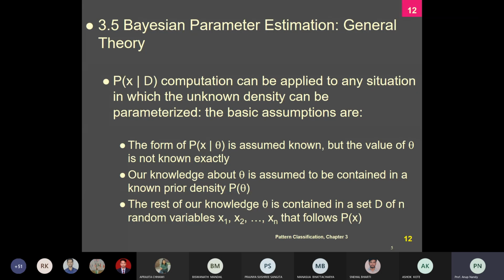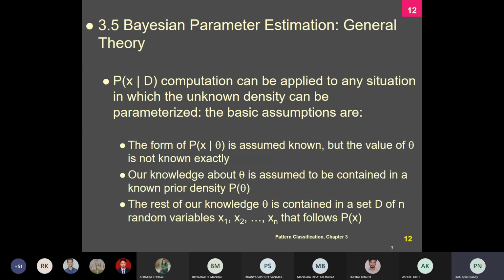But our knowledge is that theta is assumed to be contained in a known prior density p(theta). This prior density is also estimated from your training points.